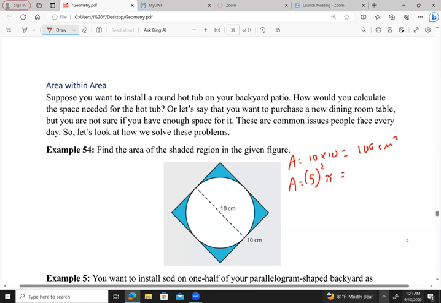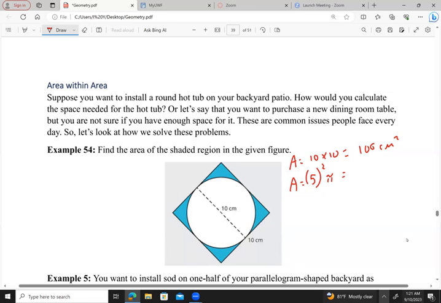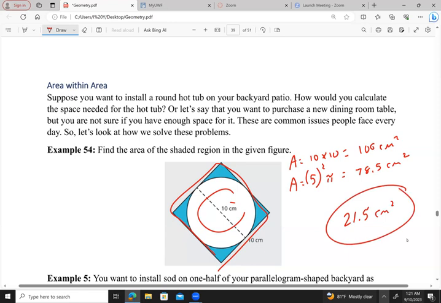I have 25 times pi, which is roughly, and we'll just go 78.5 centimeters squared. So if this area is 78.5 and this whole area is 100, take the difference, 21.5 square centimeters. That is my blue area.